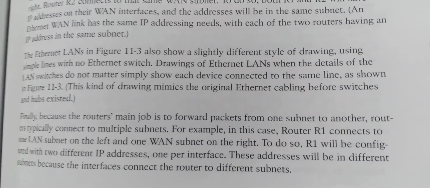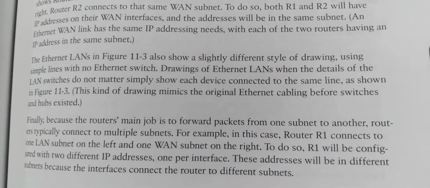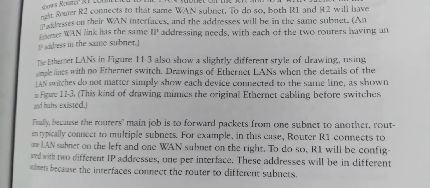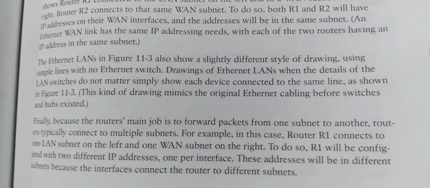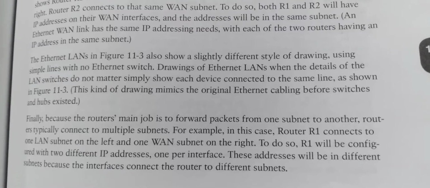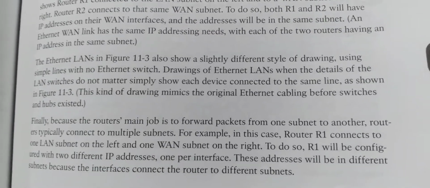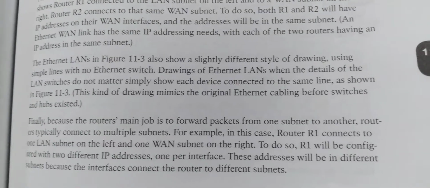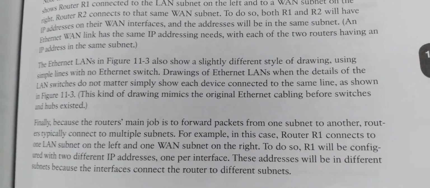To do so, R1 will be configured with 2 different IP addresses, one per interface. These addresses will be in different subnets because the interfaces connect the router to different subnets.